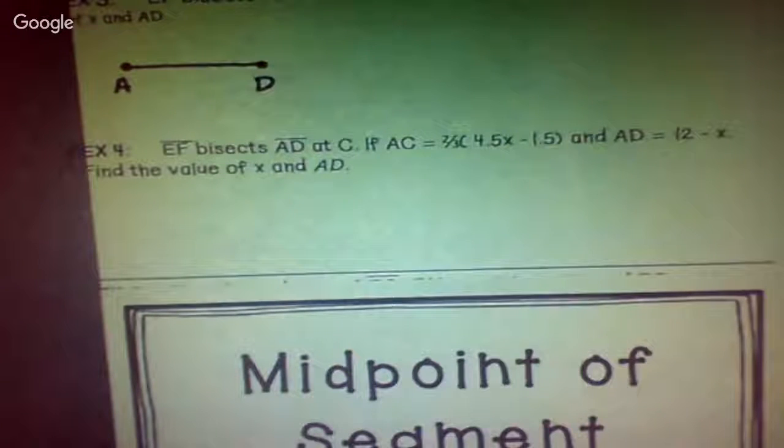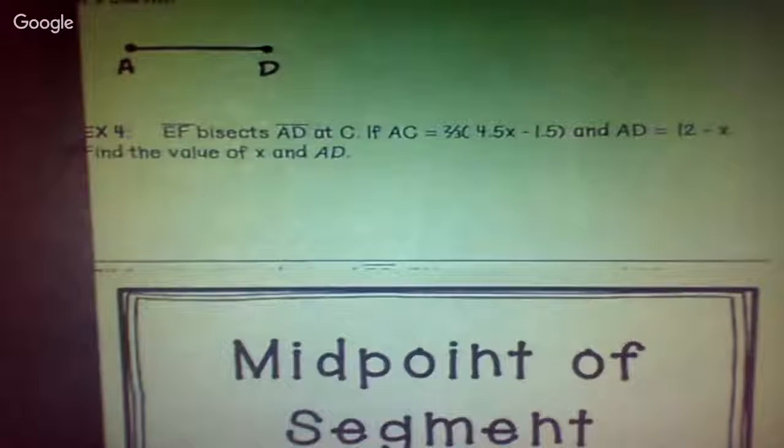Okay. All right. So we've got two examples to go along with this. It says EF bisects AD. So that means AD is your original picture. So we've got AD. That's your original. And it says EF is going to bisect this. So EF is going to come down and cut line AD into two equal sections.